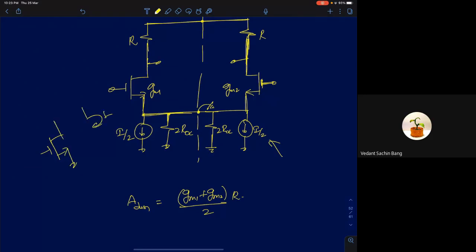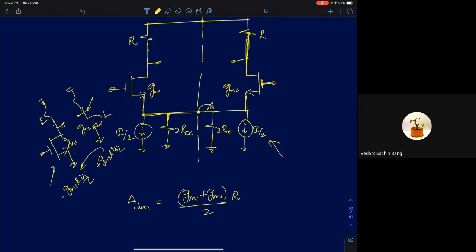The circuit reduces to two resistors R and R, and it's a simple two common source amplifiers with GM1 and GM2. I already derived this for a voltage source, fixed voltage biasing, the differential gain. This stage will give you a gain of minus GM1R into VI by 2. This stage will give you a voltage of plus GM2R into VI by 2.